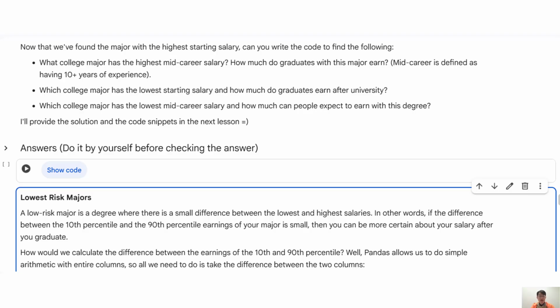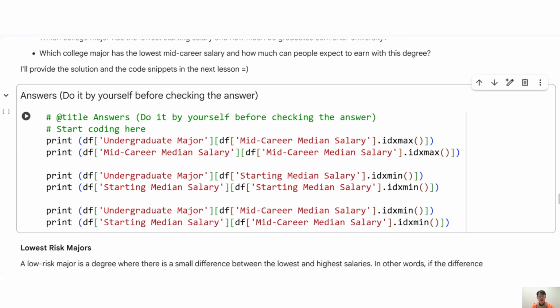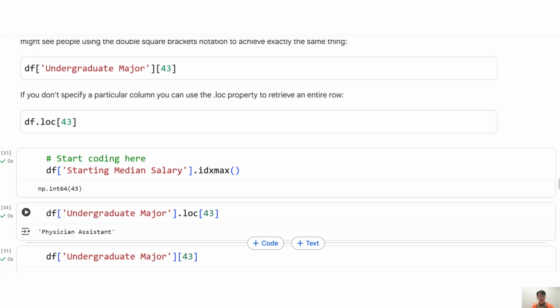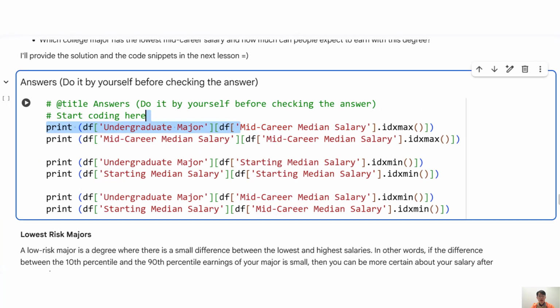Okay, so this is the answer. It's exactly the same. The only thing that I need to do is to change the first place where we put starting median salary. So here I just need to put mid-career median salary. Okay, so this is undergraduate major, and this is mid-career median salary.